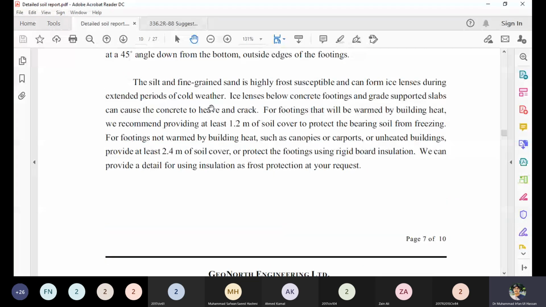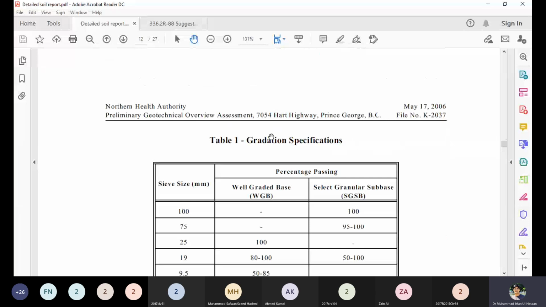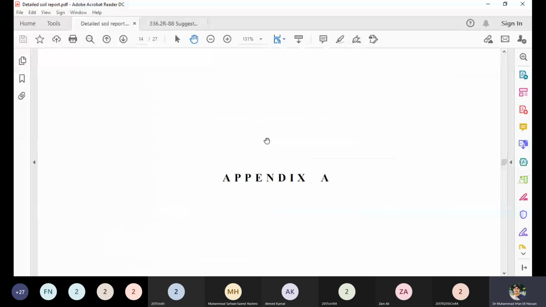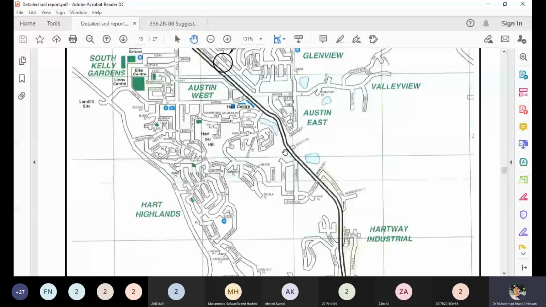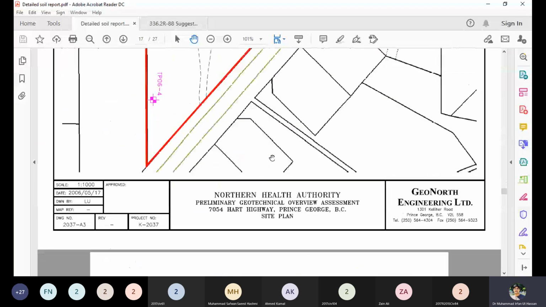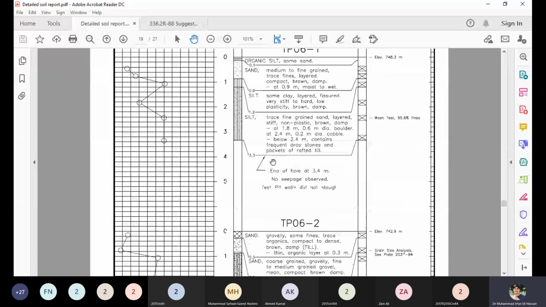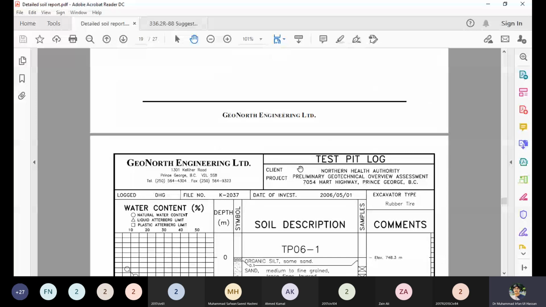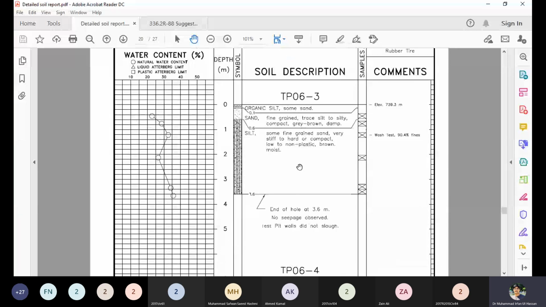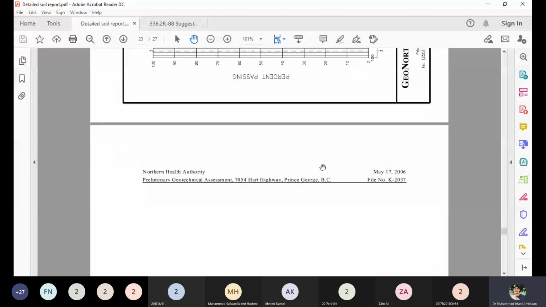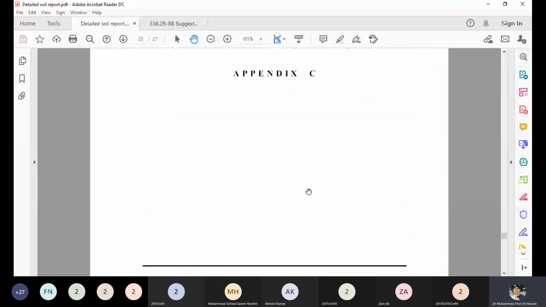Everything regarding the important parameters, some test details, CU analysis, and other tables are shown, with the site location, the boreholes taken at which points, and the detail of the SPT test, how many blows are present at different locations, water content, N value. From that you can compute the gradation.